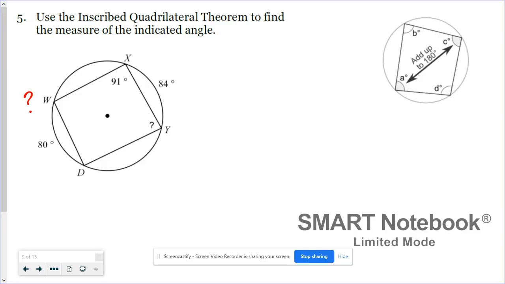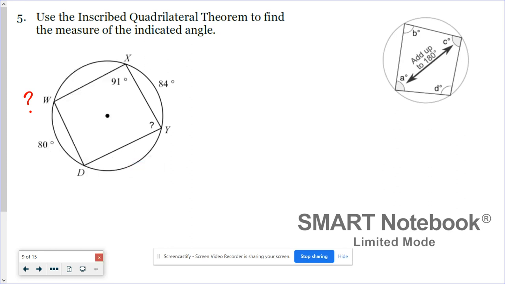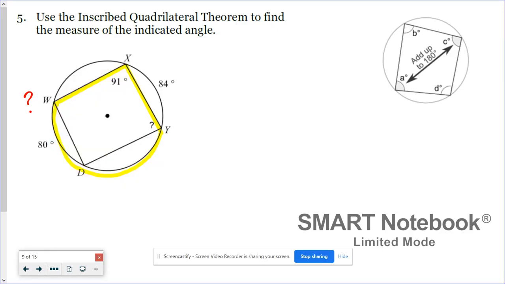They gave me angle X, and this angle X is creating the arc WDY. I can use the fact that the angle is half the arc, or the arc would be 2 times that angle. That might work better.